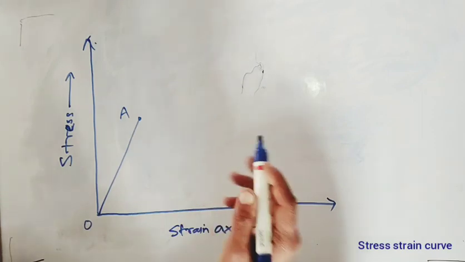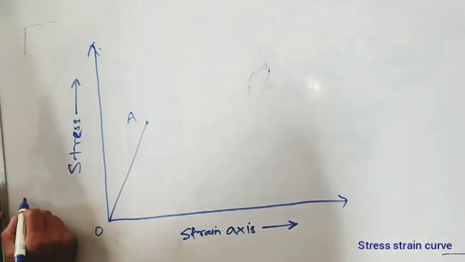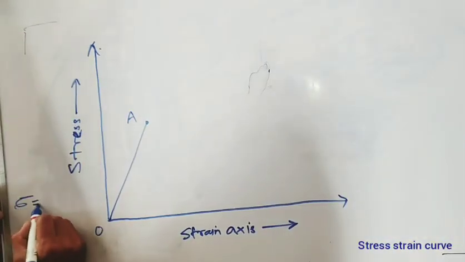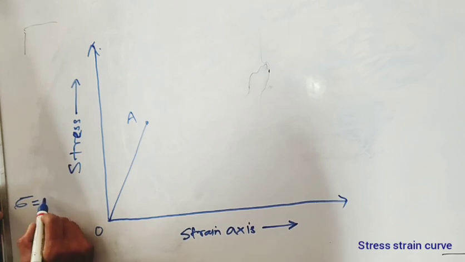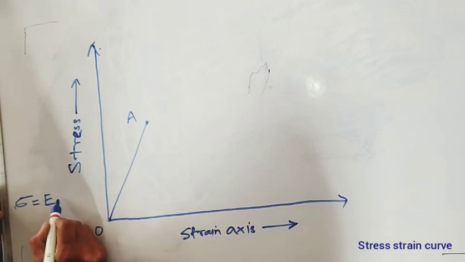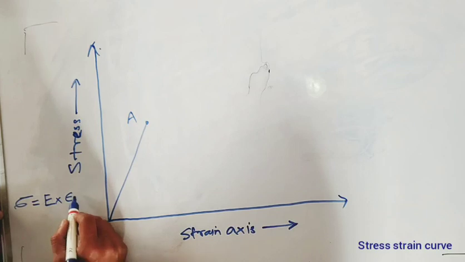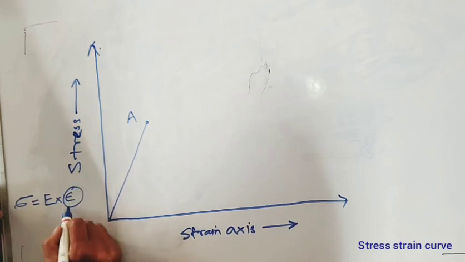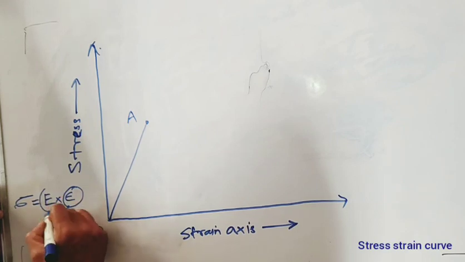So Hooke's law says stress is equal to Young's modulus into epsilon. What's epsilon? Epsilon is your strain, and this is Young's modulus.